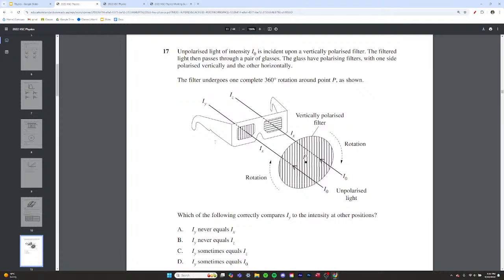I haven't even read the question, but I'm just looking at the diagram, because the polarization is the exact same. IY never equals IZ. IY sometimes equals IZ. IY sometimes equals I naught.